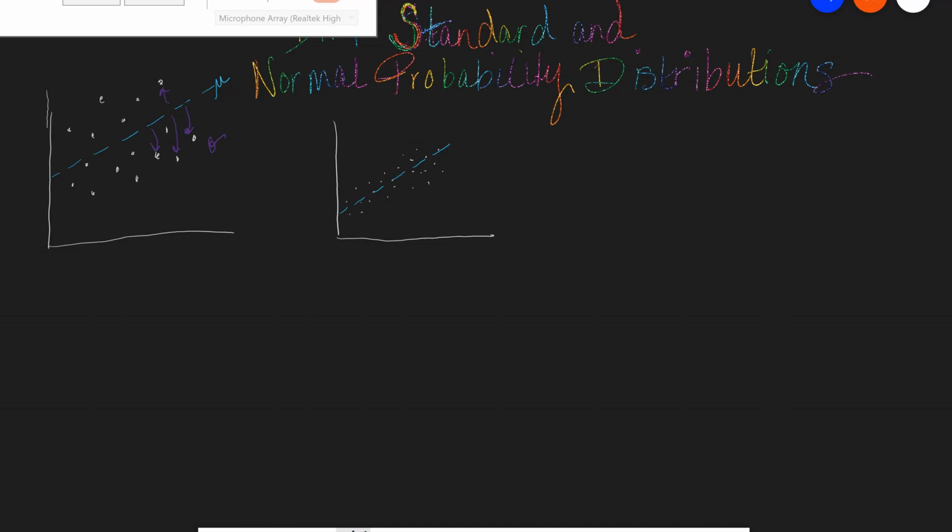You can see that the standard deviation for plot 2 is much smaller overall than it was for plot 1.